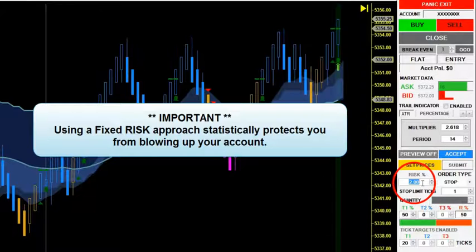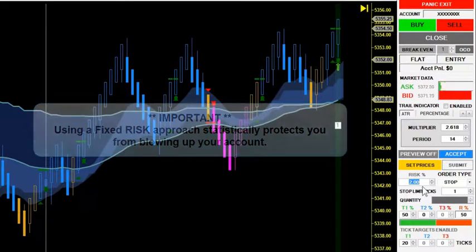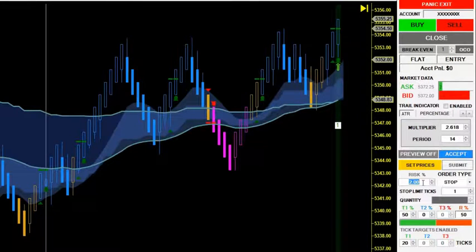Generally speaking, 5% or less is considered prudent. Obviously, if you're trading a very large account, you don't need to risk anywhere near 2%. If you're trading a smaller account, you're probably going to routinely risk 3, 4, maybe even 5% of your capital. The point is that you cap your risk.